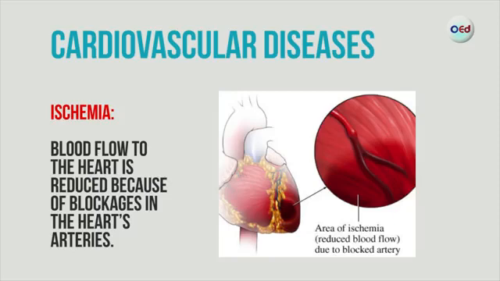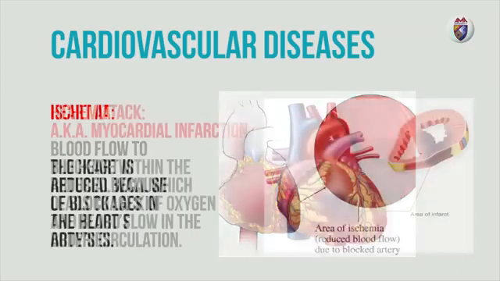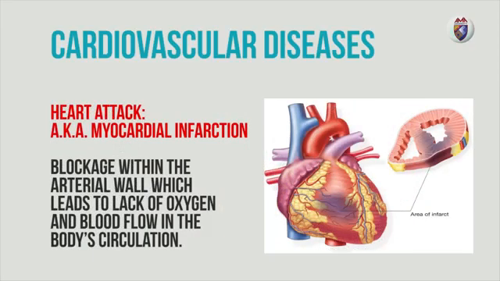The result of this can lead to abnormal heart rhythms and worse, a heart attack. The disease can be treated through medications or through bypass surgeries. This is where a procedure will be done to open the blocked arteries of the heart, allowing blood flow to take place again.